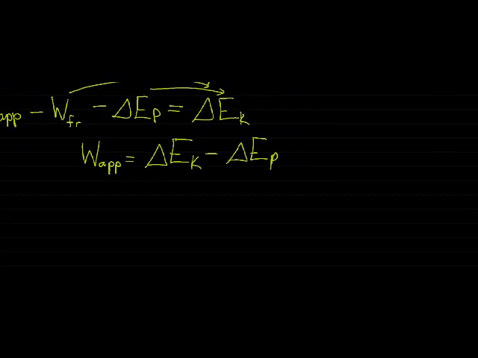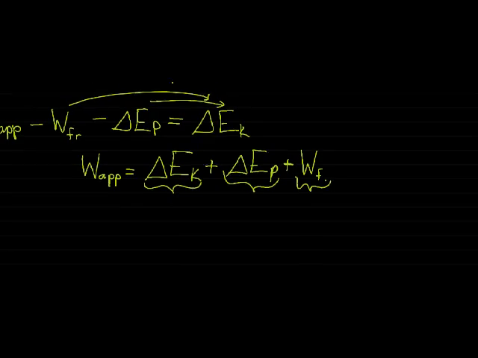If they are going upwards, obviously they need to put some energy into overcoming gravity, plus the work that has to go into friction. So the work they apply gets distributed, some into changing their kinetic energy, some into changing their potential energy, and some into overcoming friction. And that is where this formula comes from.